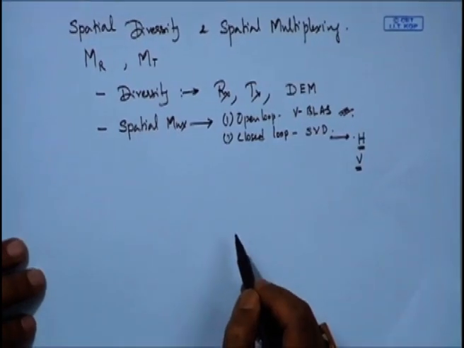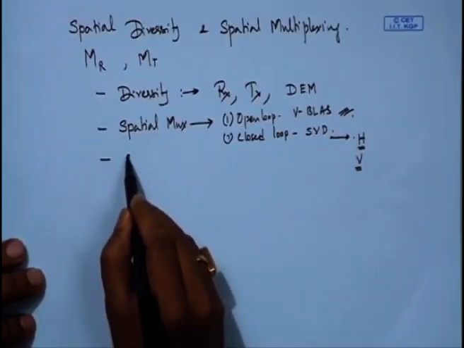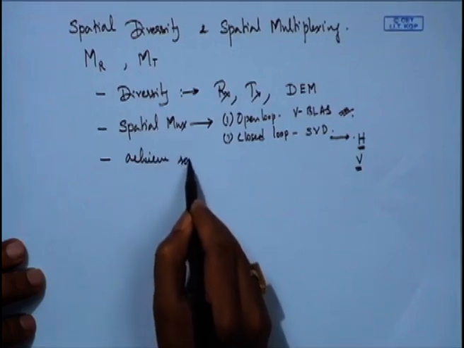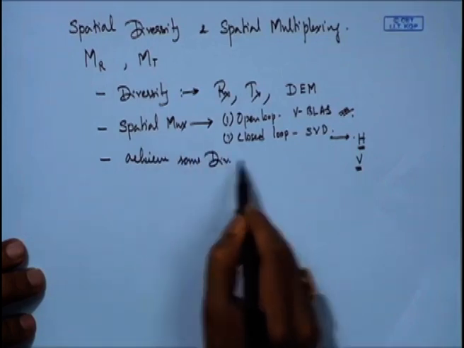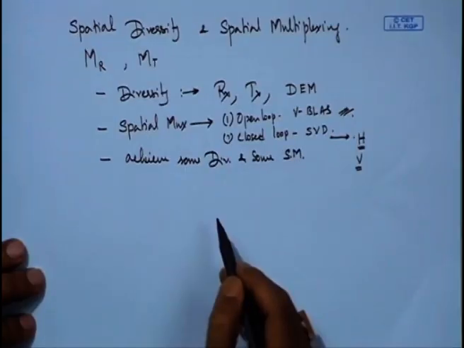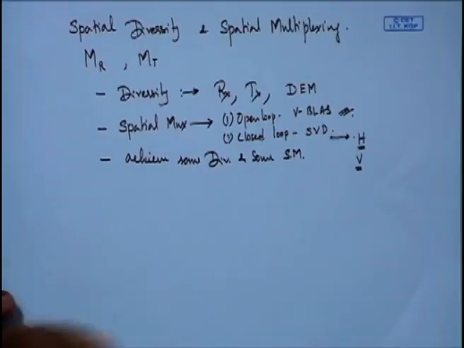Other than these modes, you could actually achieve some diversity and some spatial multiplexing. There is a detailed theory on this diversity multiplexing trade-off, but since this is one of the last lectures, we will not go into the details as we have done for diversity and for multiplexing.